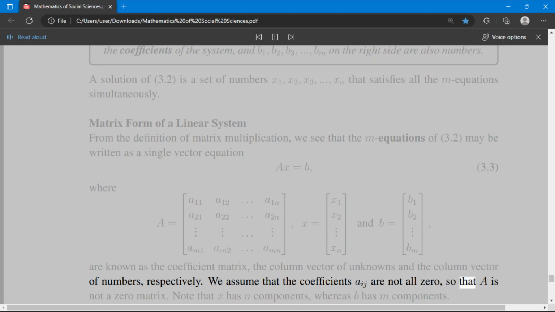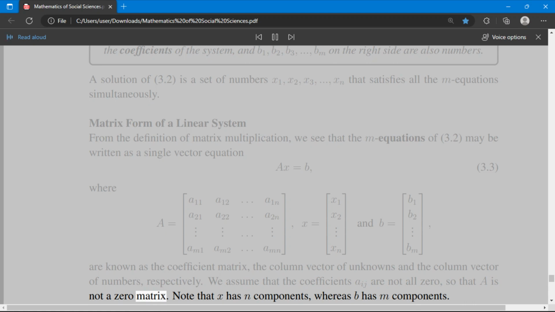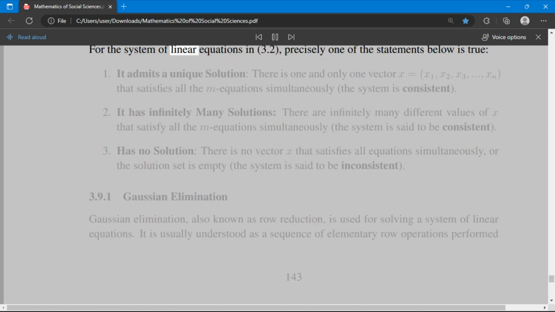We assume that the coefficients aij are not all zero, so that A is not a zero matrix. Note that x has n components, whereas b has m components.